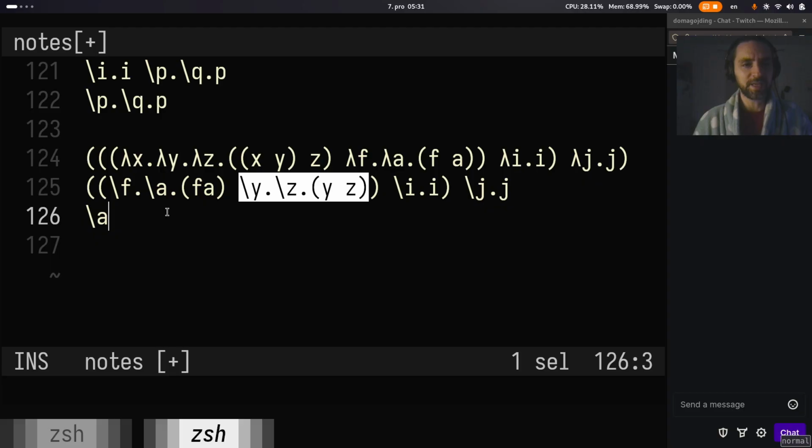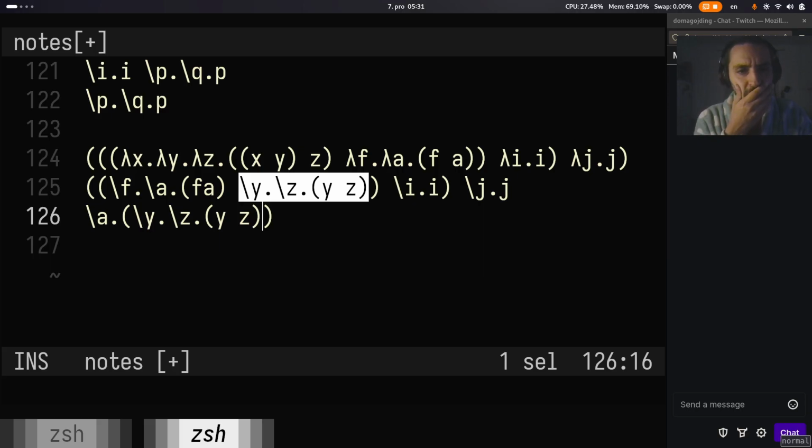So we're going to get lambda a dot, instead of f, we're going to get lambda y dot lambda z dot yz, right? That's instead of f. Lambda y, yeah. And this being applied to a. Yeah. We close this.